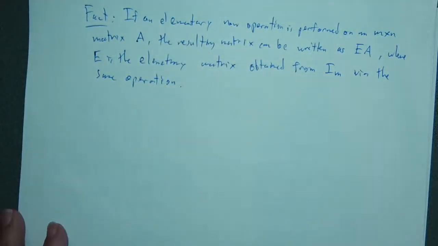Okay, so that's a very nice fact, because matrix multiplication is better to deal with algebraically than describing row operations, which are kind of up in the air, right?